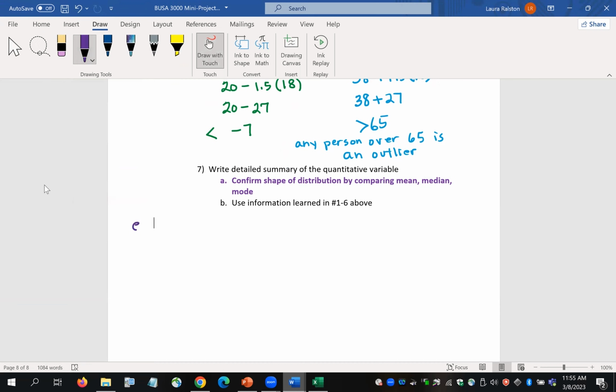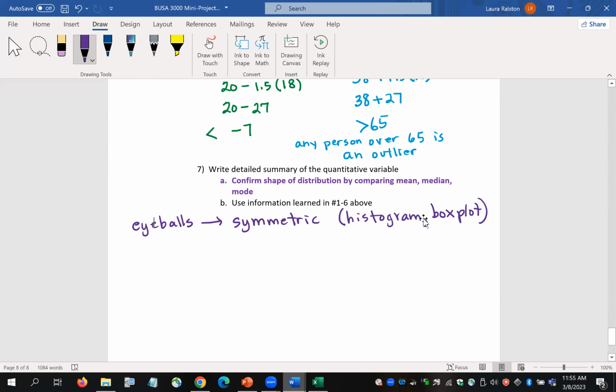So my eyeballs make me think that my distribution is symmetric from the histogram and the box plot. But I want to verify that.